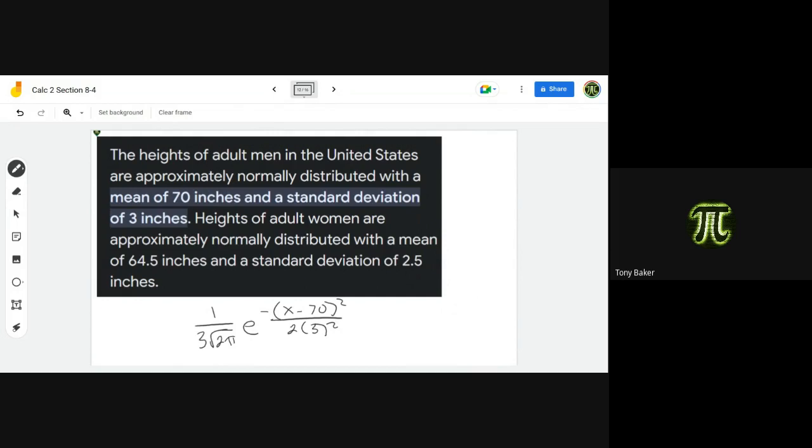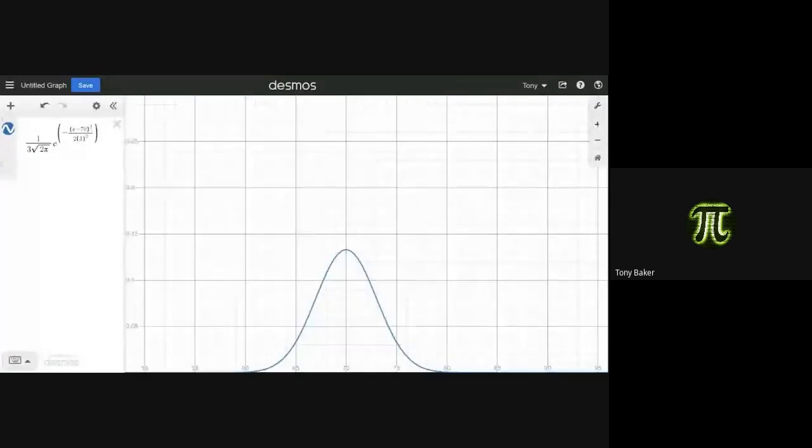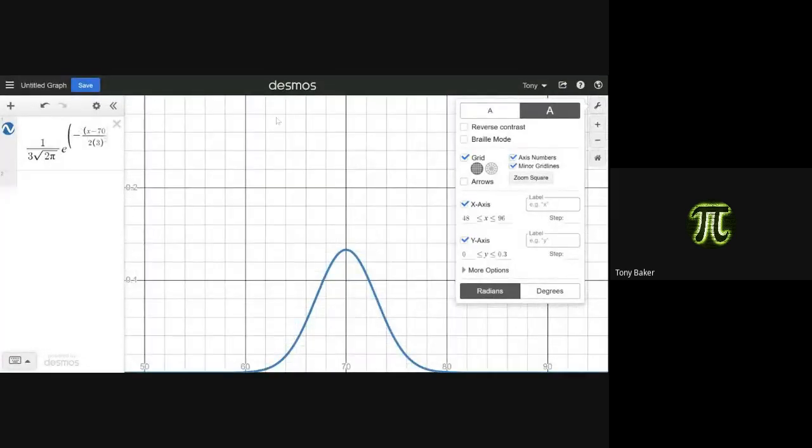That's why. So let's do 48 inches to 96 inches. All right, so here is my bell curve.